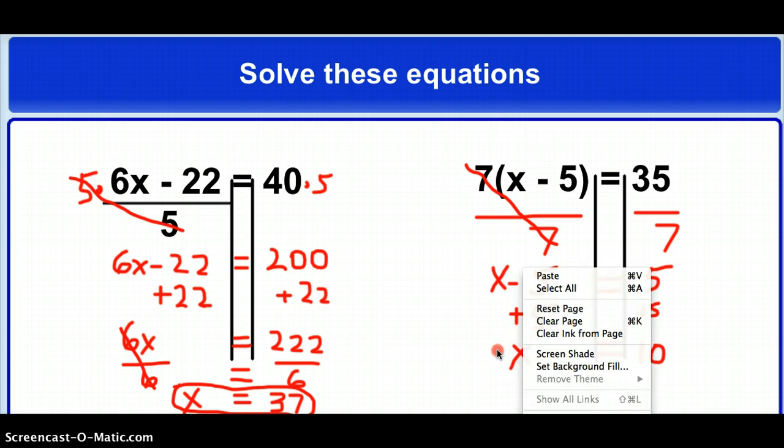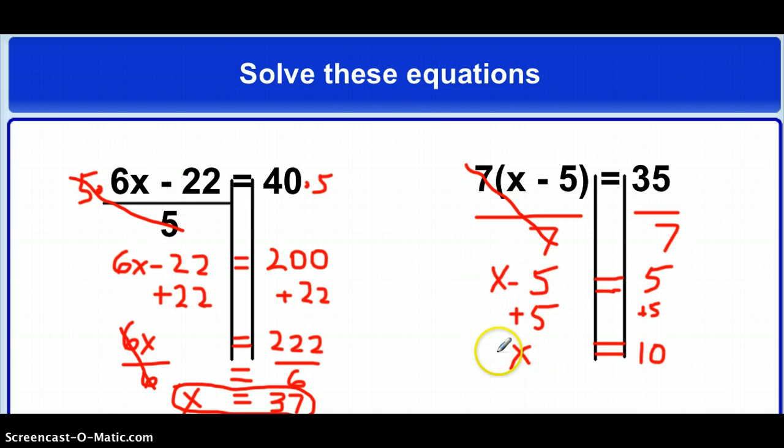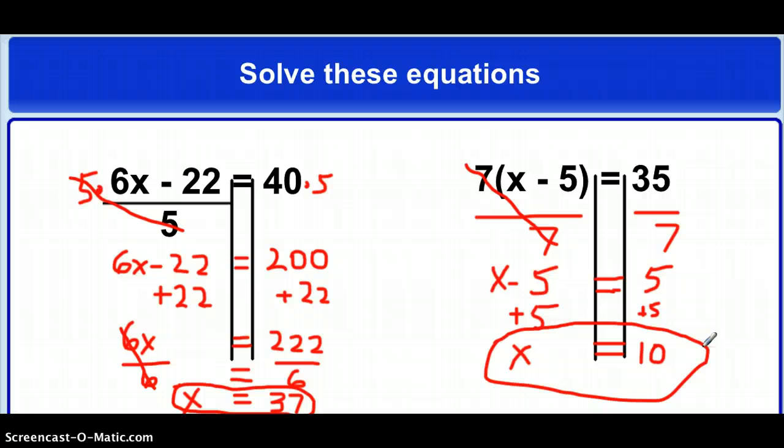So we were able to do this again, and we got x alone on the left side. And then we can find out what x is equal to. In this case, it's equal to 10. So these are just 2 examples.